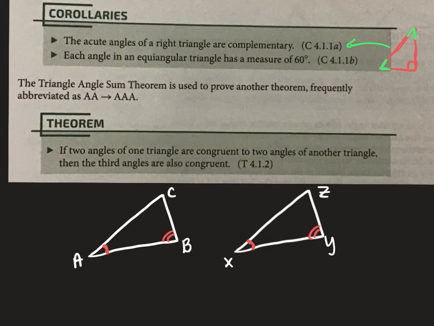So if you know that two angles are congruent, the third one also has to be. Again, if any two angles in a triangle are congruent to two angles in another triangle, then the third angles also have to be congruent.